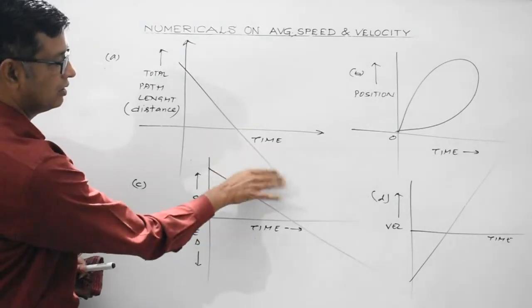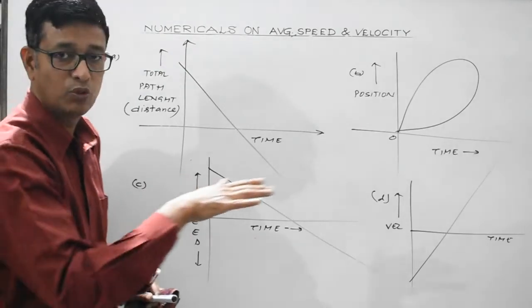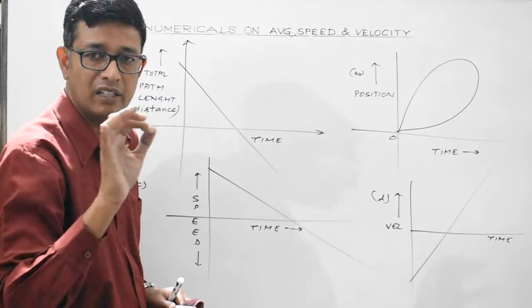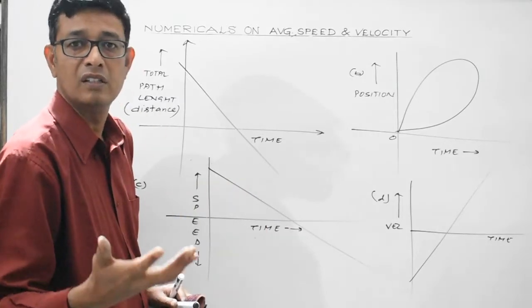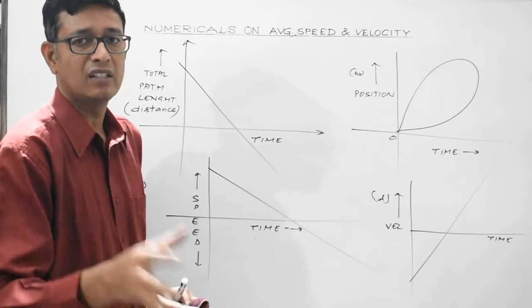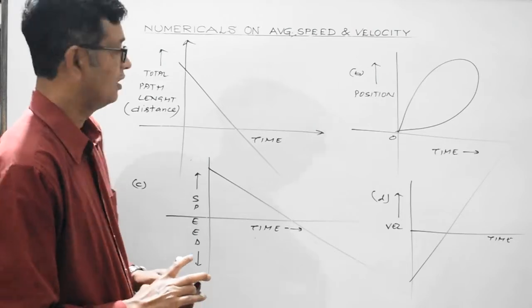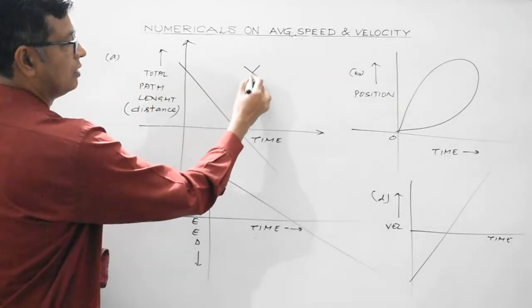After here, the path length becomes negative. And if a body is in motion, the net path length of the body can't be negative or decreasing. It should always keep on increasing. Right? So basically this graph is not at all possible.